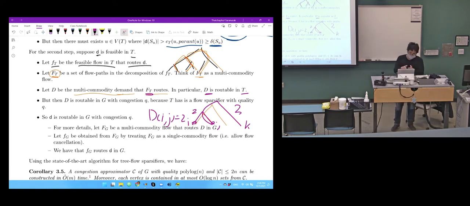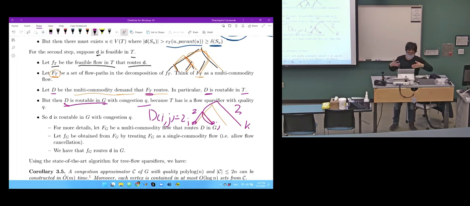And now, just from the definition of tree flow sparsifier, if you can route multi-commodity flow D in T, you can route this thing in G as well with congestion Q. So by routing D in G here, you route it as a multi-commodity flow.